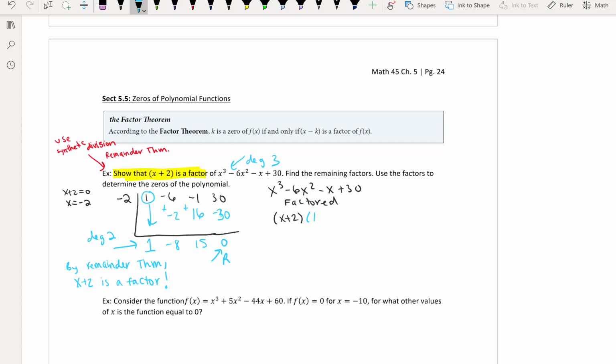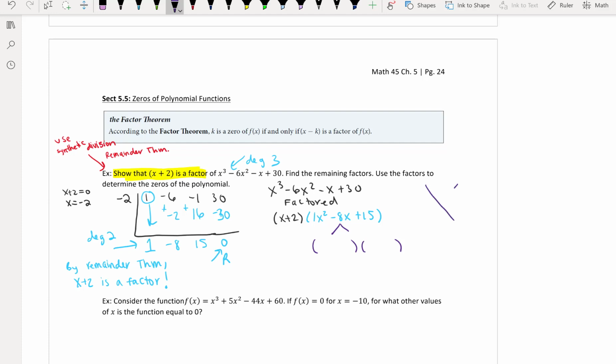So I'm going to have 1x squared minus 8x plus 15. And I know that this can be factored further, whether you do the AC method or if you do the guess and check.